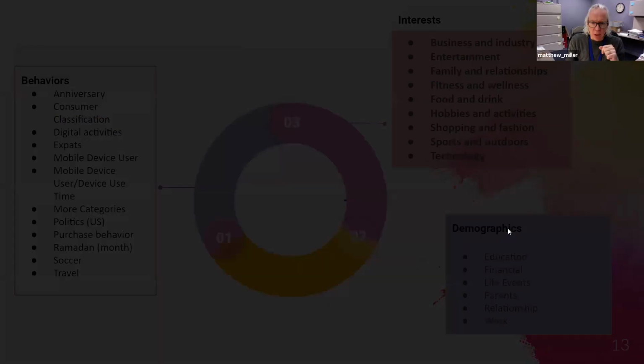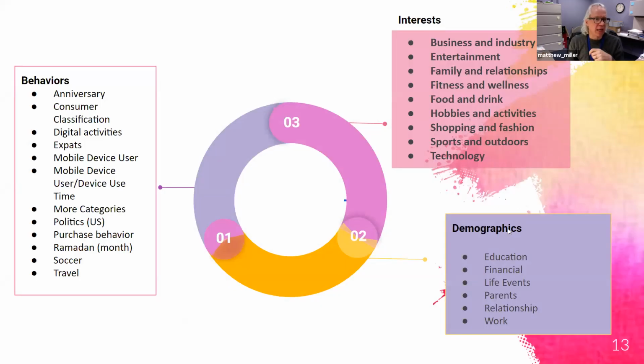Next, I want to look at some other criteria that can help you narrow down who will see your ad. Facebook allows you to select the behaviors of the viewers on Facebook, their interests, and their demographics. The most common demographic I use is education.